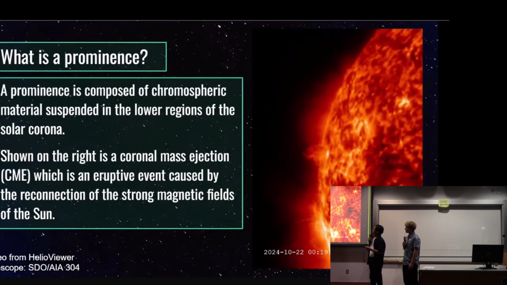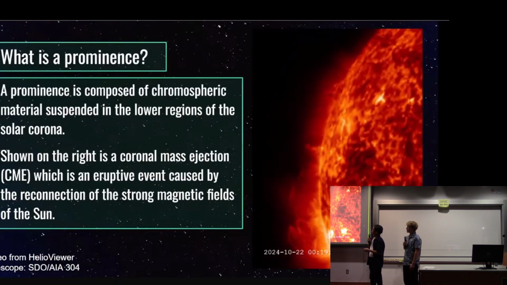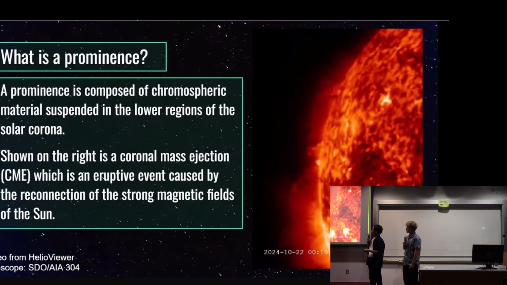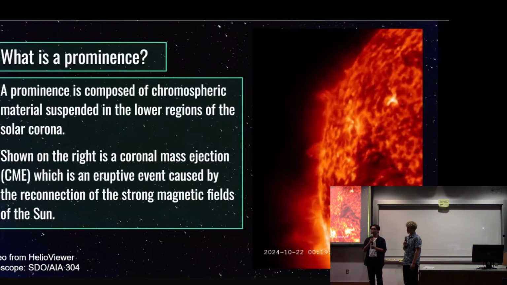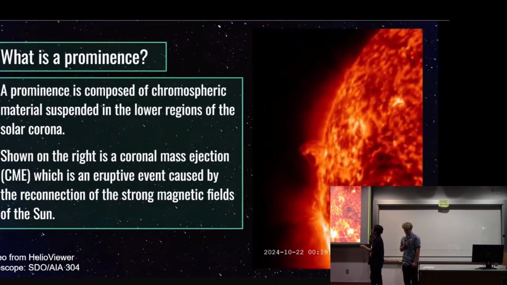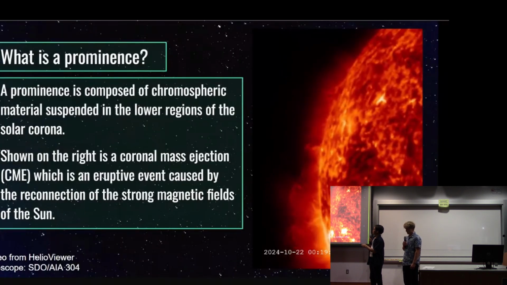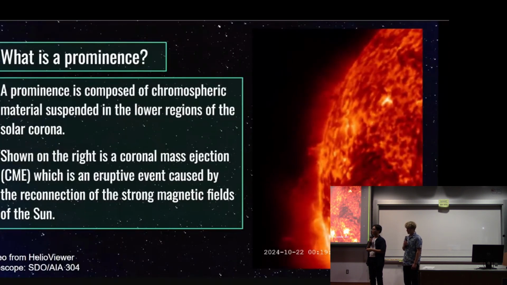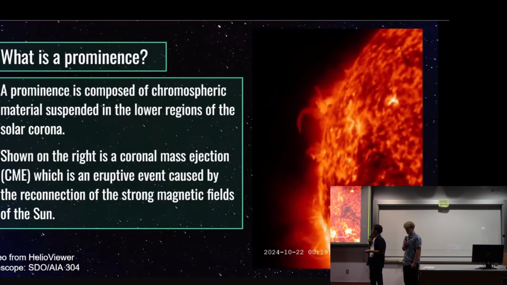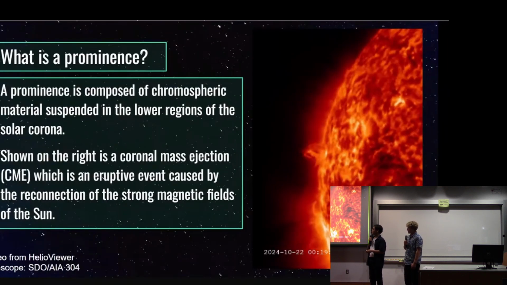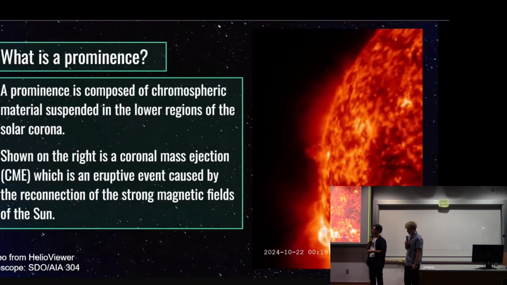A prominence is comprised of chromospheric materials suspended in the lower regions of the solar corona. And a good example of this is right here. This is specifically the one that we are analyzing. And this was taken with the SDO Space Telescope on October 22nd, 2024.